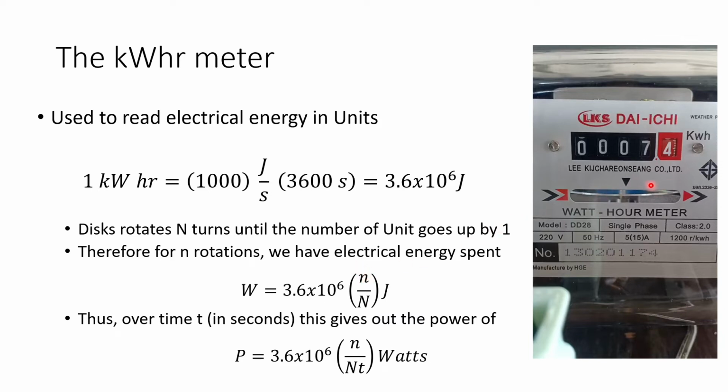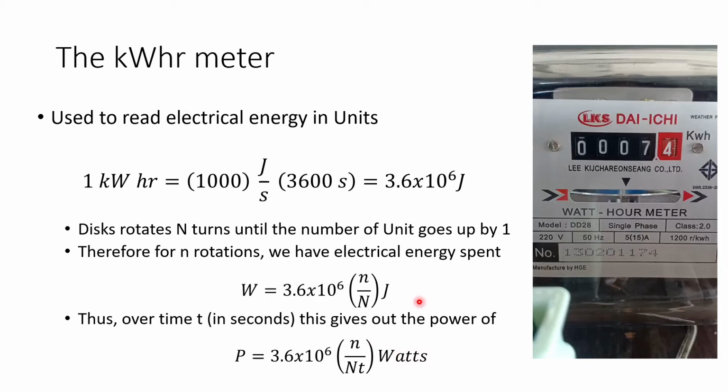If you want to calculate the power, you count the number of rotations per time. If you let it rotate for time t in seconds, you can calculate the power as 3.6 times 10 to the 6 times n divided by capital N times t, and that comes out in watts.